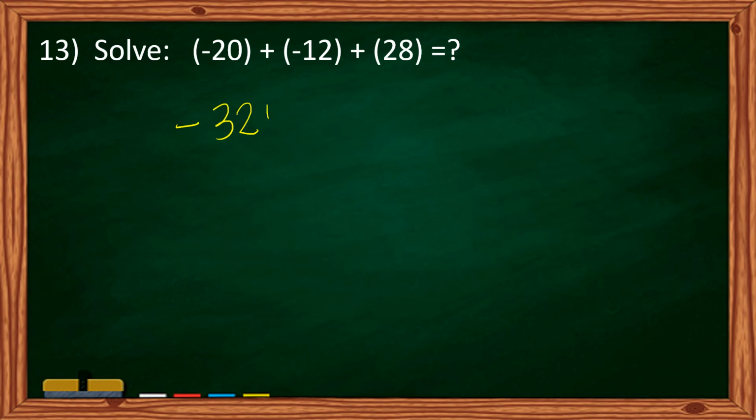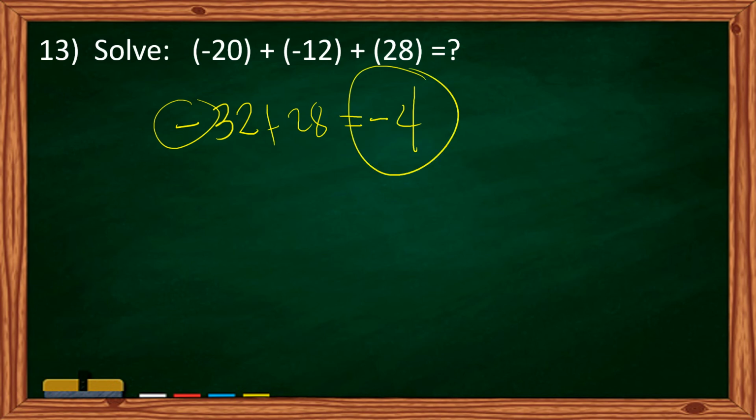And then add 28. This time, 32 and 28 have different signs, so we expect we have to subtract 32 by 28. Therefore, we are given 4. 32 minus 28 is 4. But 32 is larger than 28, so we copy the sign of 32. So the answer is negative 4.